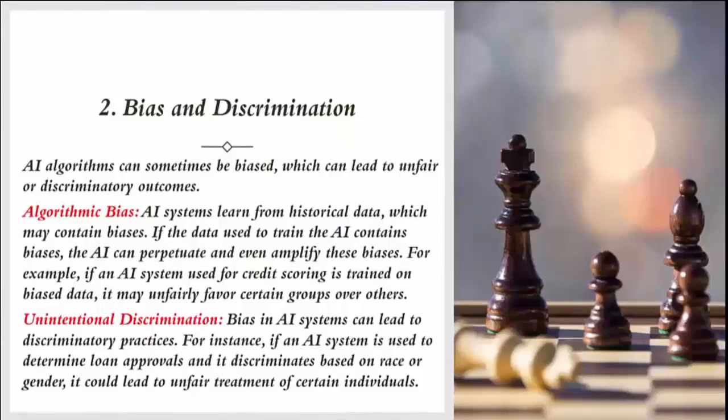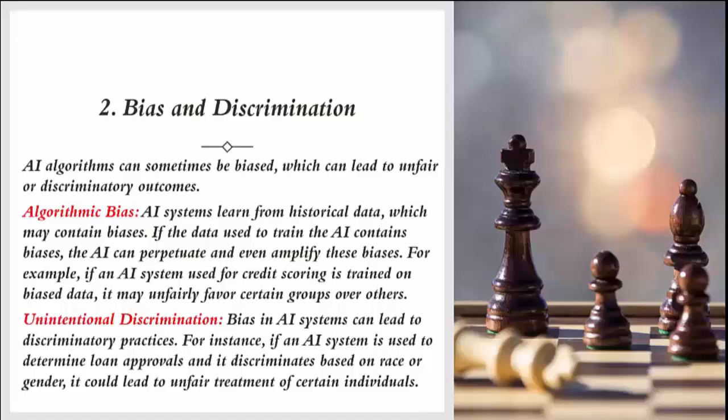2. Bias and discrimination. AI algorithms can sometimes be biased, which can lead to unfair or discriminatory outcomes. Algorithmic bias. AI systems learn from historical data, which may contain biases. If the data used to train the AI contains biases, the AI can perpetuate and even amplify these biases.